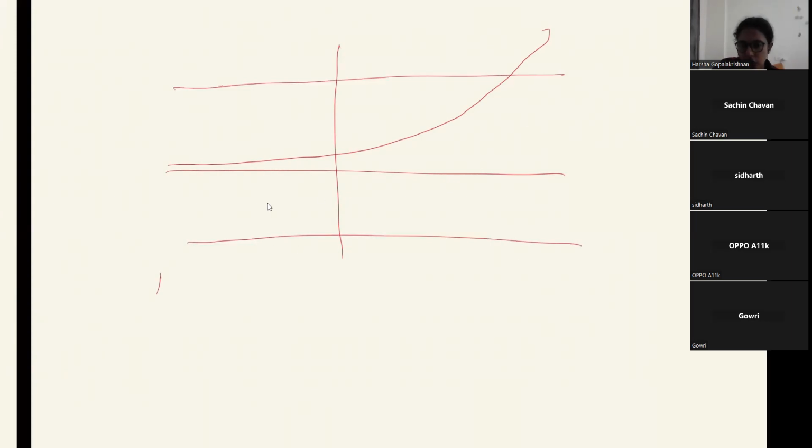In this case also, what we can say is it is 1-1. For distinct points, we have distinct images.